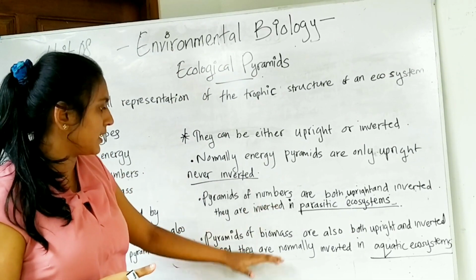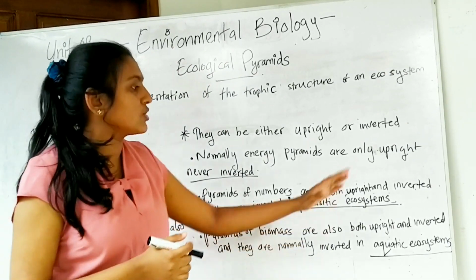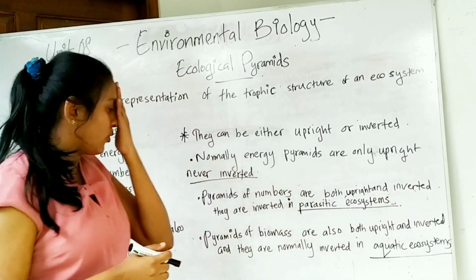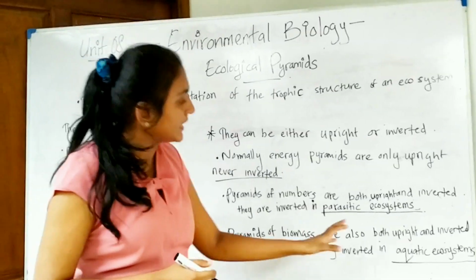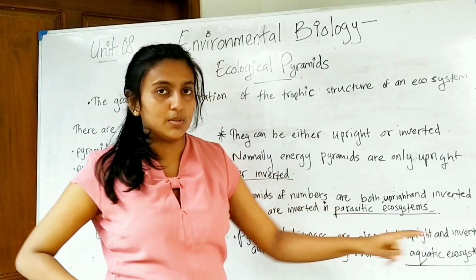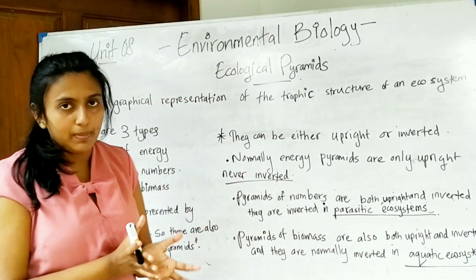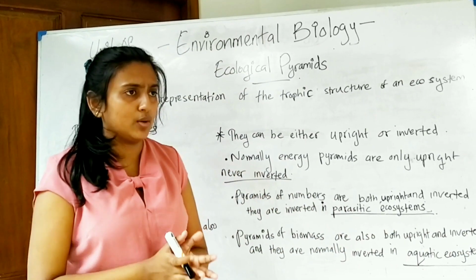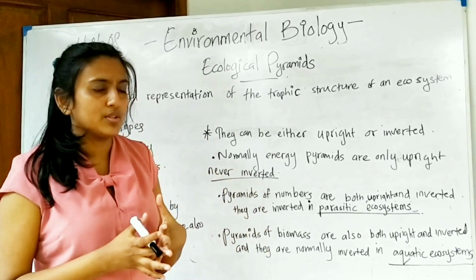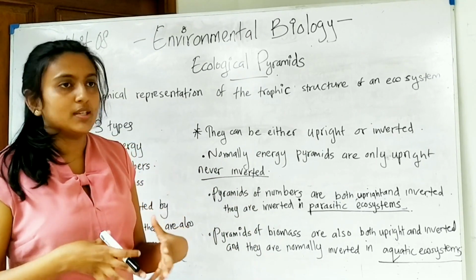And pyramids of biomass can also be both upright and inverted, and normally they are inverted in aquatic ecosystems. The reason is, in aquatic ecosystems, normally the primary producers are phytoplanktons.